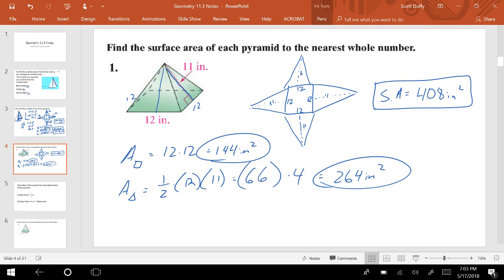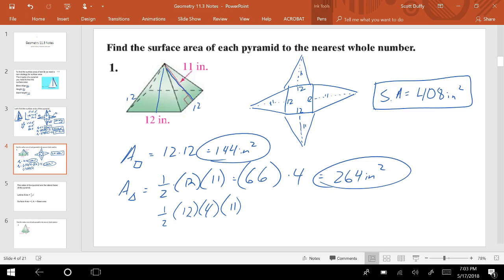What if, instead of doing 1/2 times the base of 12 times 11, and then getting 66 and multiplying by 4, what if we took 1/2 times the base times 4 times 11? It's essentially doing the same thing.